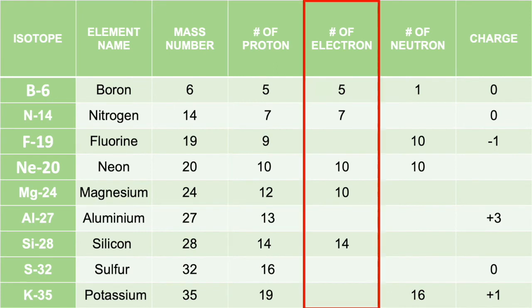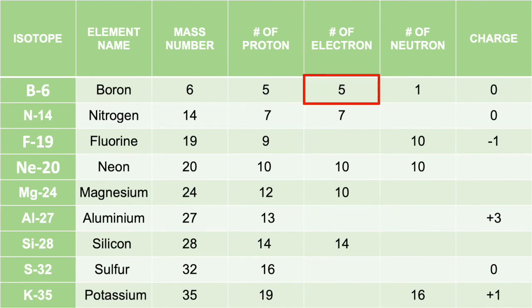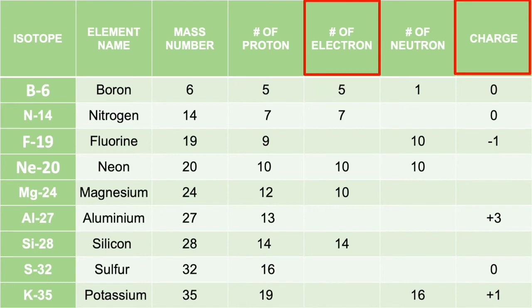Let us now try and determine the number of electrons. Let us look at boron. It has 5 electrons. How did we get 5? The number of electrons will depend on the charge of the atom. Our boron on this table has 0 charge.